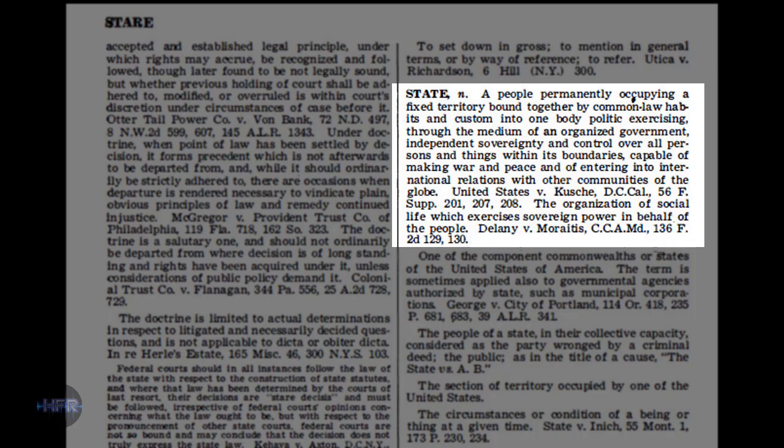And that is like an overall definition, what applies to all situations, the general definition, which is usually the first sense of the word. Then you get to more narrow senses of it as you go on. Let's look at the second one. It says, one of the component commonwealths of states of the United States of America.